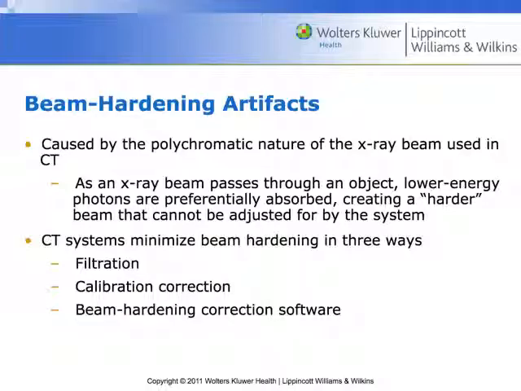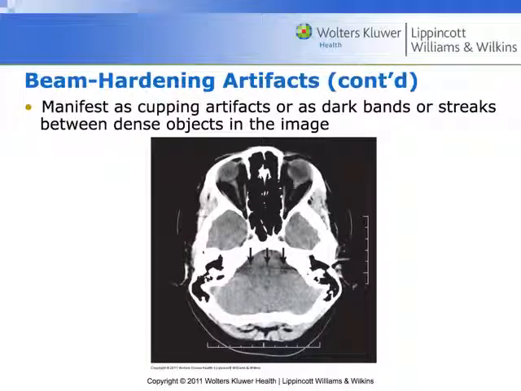So there are algorithms that we can run on the image data after it's acquired to get rid of that noise. Here's an example of beam hardening artifact, and we can see they've indicated with these arrows down here at the brainstem how there's these lines. I may turn on the light so we can see these pictures a little bit better.